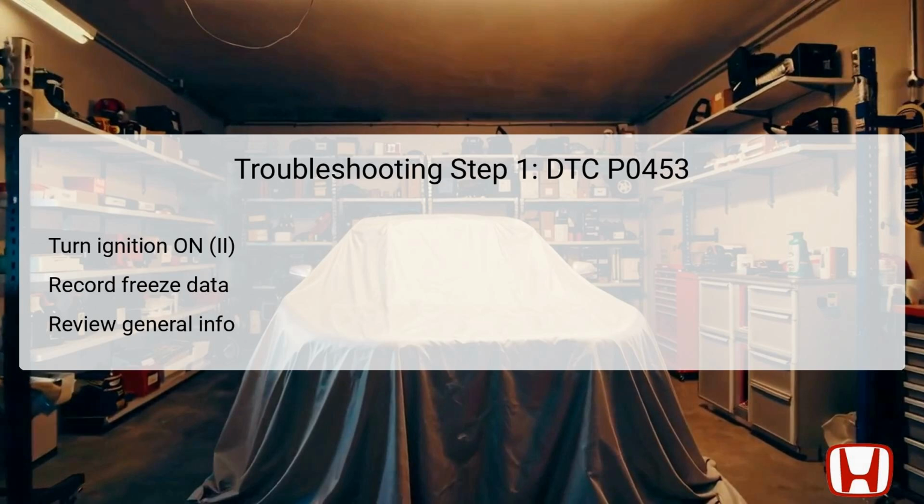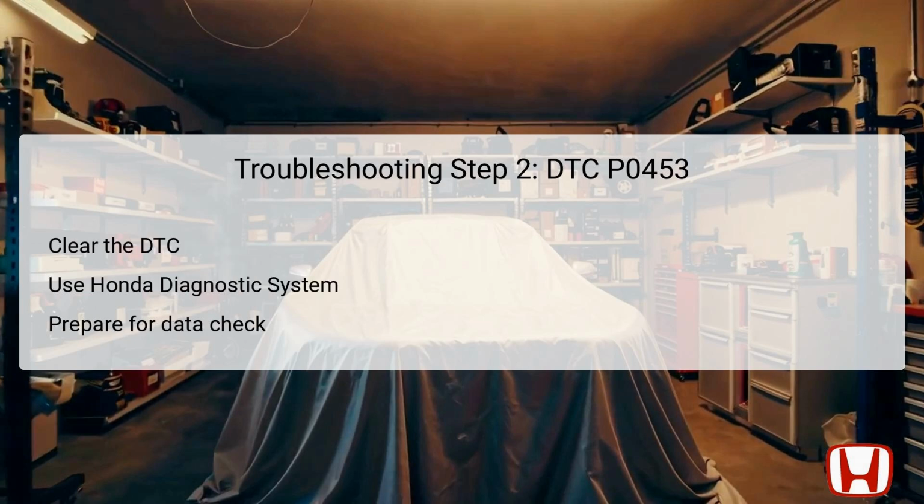The second step in troubleshooting DTC P0453 involves clearing the DTC using the Honda Diagnostic System, HDS. This step is crucial as it resets any stored trouble codes in the vehicle's computer, allowing you to get an accurate representation of operational status.